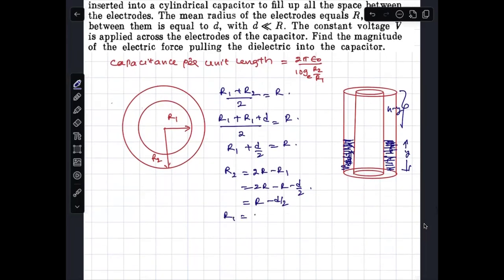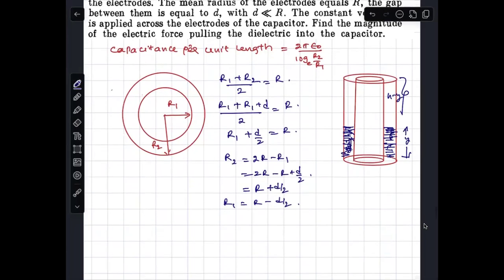One minute, I think I have made some mistake. R1 is R minus D by 2, and R2 is R plus D by 2.